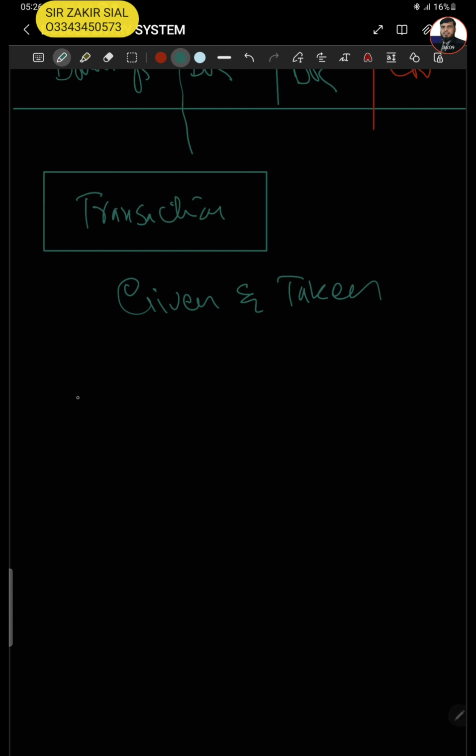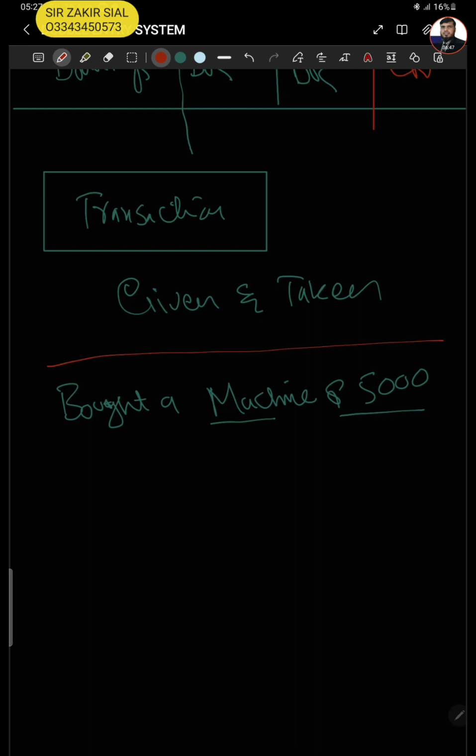For example, bought a machine for 5,000 dollars. So here is an exchange of machine and cash. This is called a transaction, a situation.